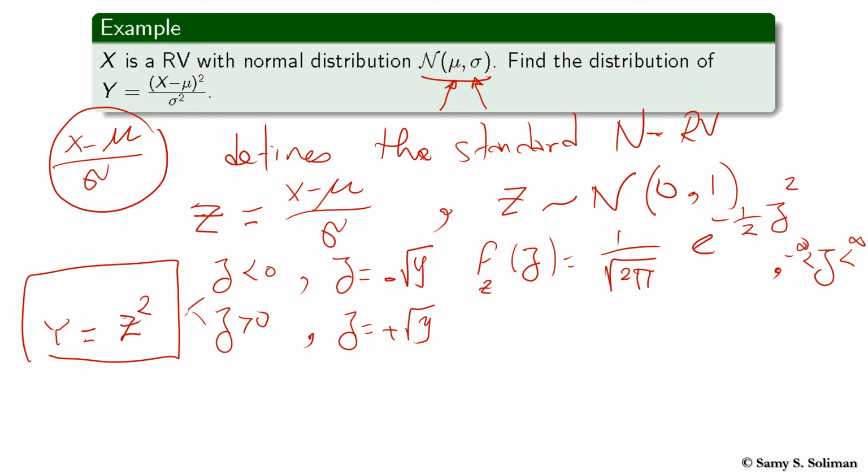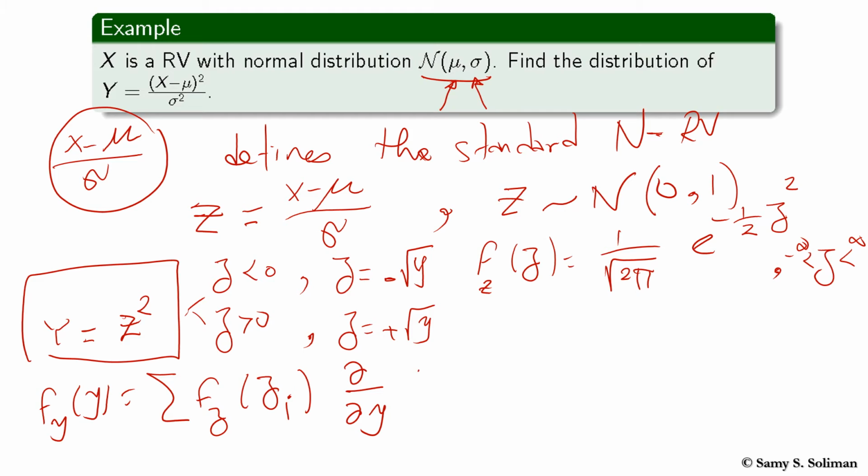So we can write the relation between the probability density function of y and the probability density function of z as follows: f_y of y equals the summation of f_z of w_i of y times the Jacobian, where the Jacobian is the derivative with respect to y of the inverse function, let's call it w_i of y.